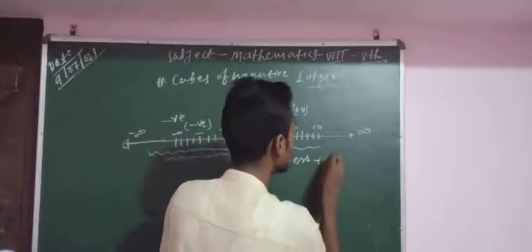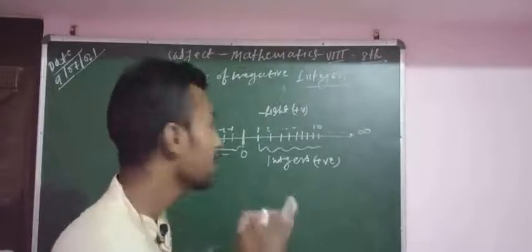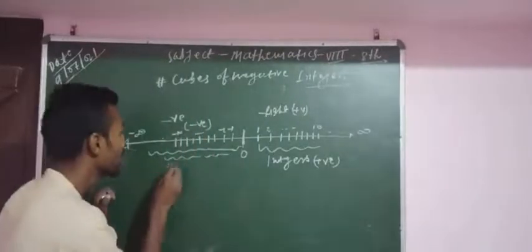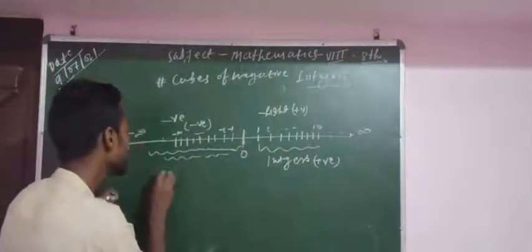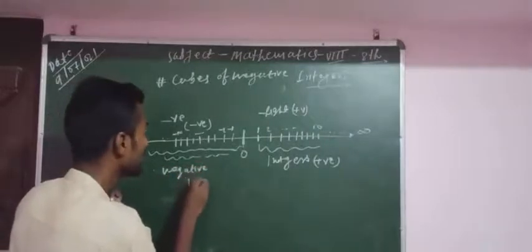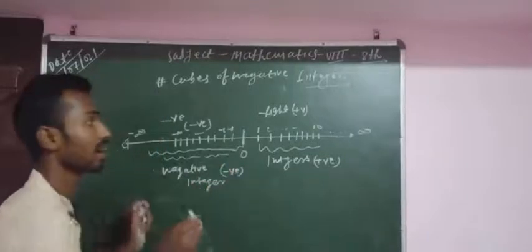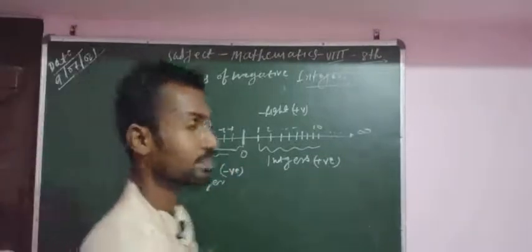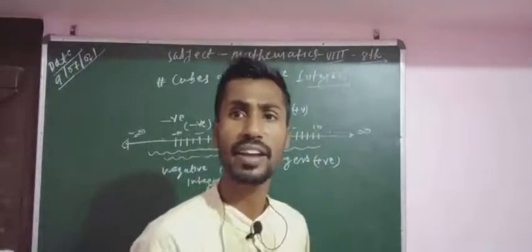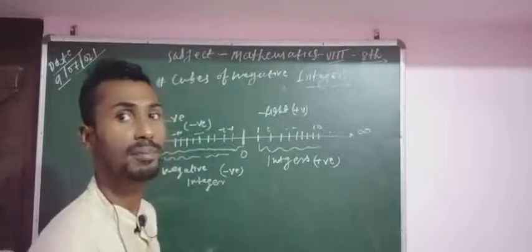Positive integers are positive numbers, and negative integers are negative numbers. Integers mean positive and negative numbers. 1, 2, 3, 4, 5, 6, 7, 8, 9, and minus 1, minus 2, minus 3, minus 4 are examples of negative numbers.